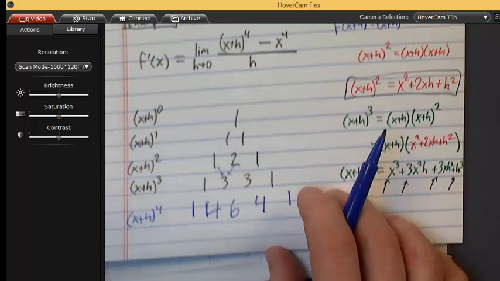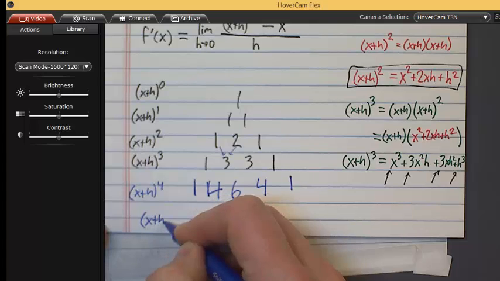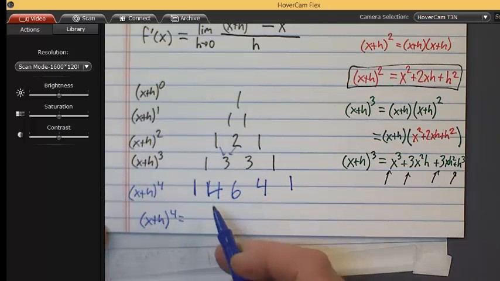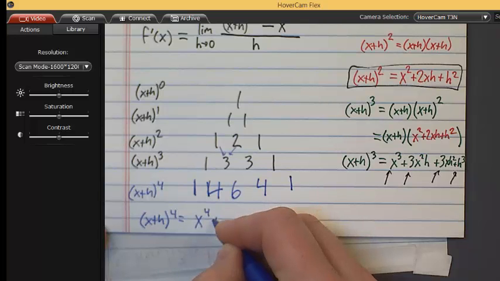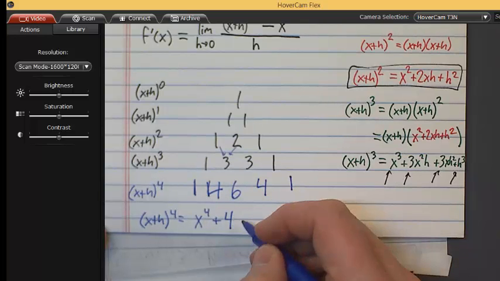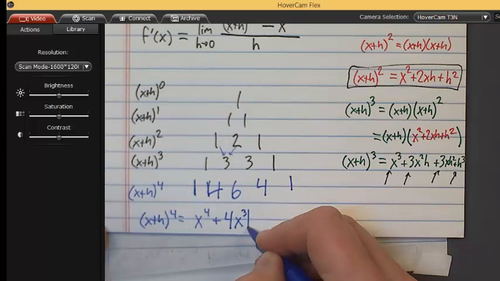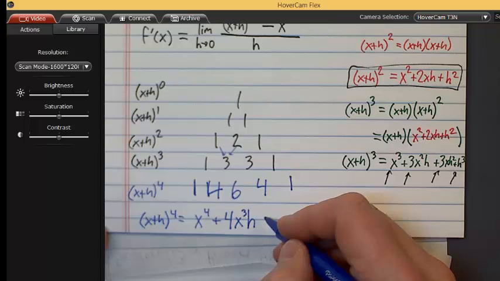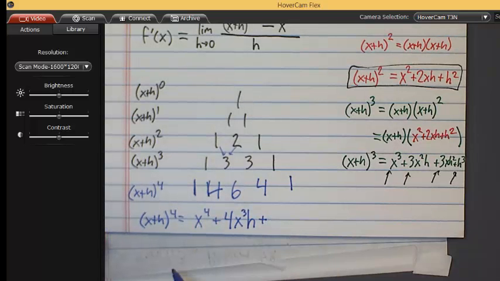So let me write down what that means. That means x plus h to the fourth power is equal to the 1 x to the fourth plus 4, what would it be? X to the third, and you're going to have an h also. Plus, see that the powers of x are going down and the powers of h are going up.